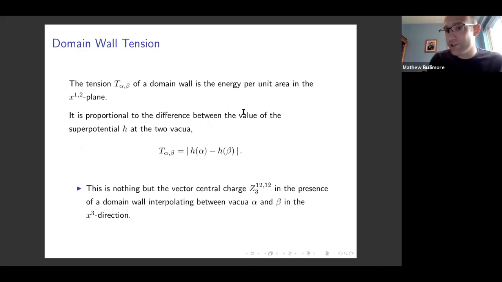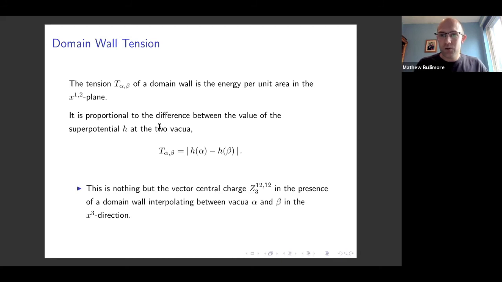So let's talk about the tension of such a domain wall then. The tension is basically just the energy per unit area in the plane of the domain wall. And one can check, and this is a very common thing in supersymmetric theories, that the tension of this domain wall is proportional to the difference between the value of the superpotential h at the two vacua.